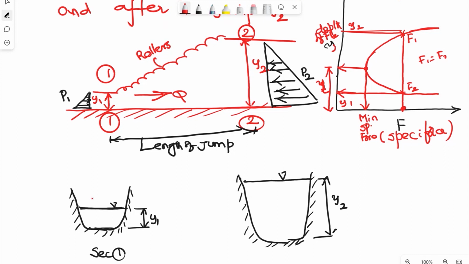So this is what we call yc. y2 is greater than yc and y1 is less than yc. That's all I want to tell you at this point. Now I will take you to the next point.